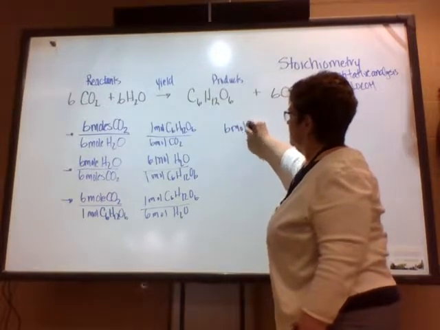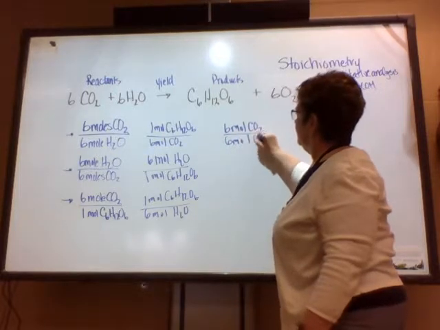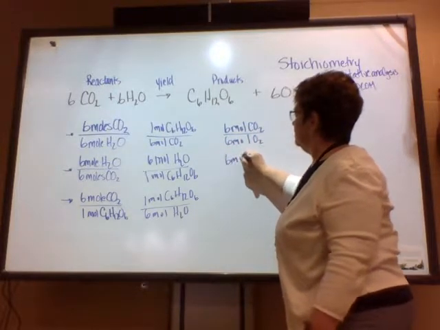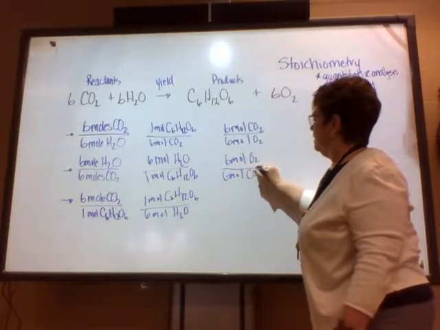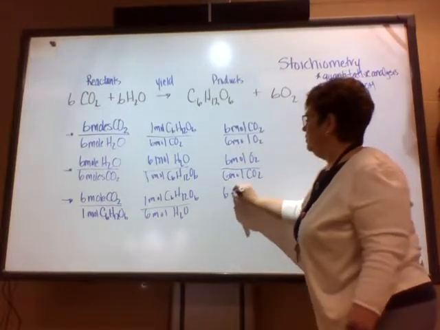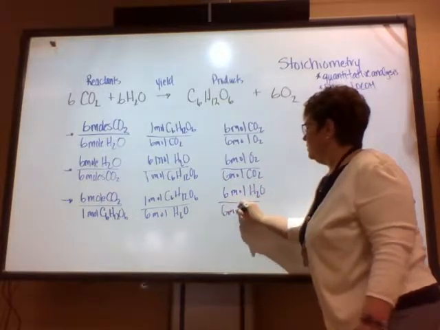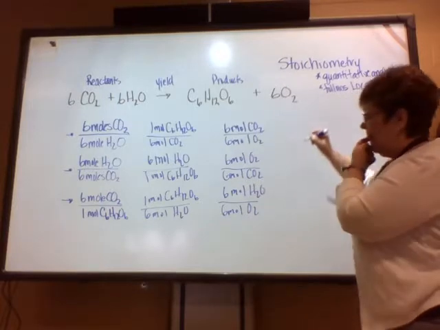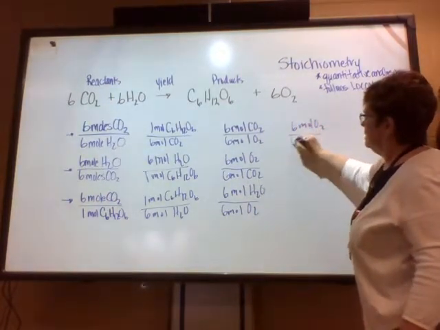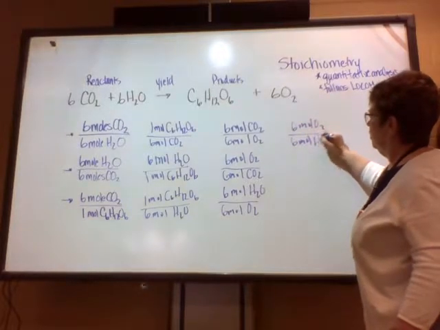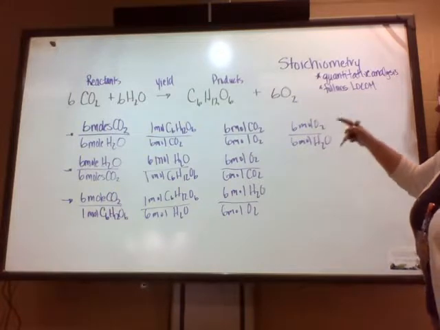Six moles carbon dioxide, 6 moles of oxygen, 6 moles of oxygen, 6 moles of carbon dioxide, 6 moles of water, 6 moles of oxygen, 6 moles of oxygen, 6 moles of water. Okay, I said there's 12. I have 3, 6, 9.